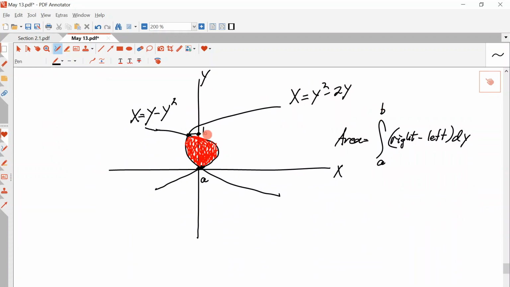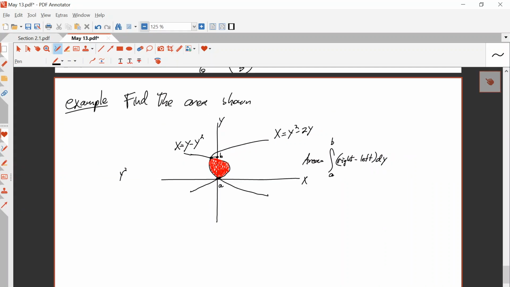All right, and we just need to know what this point is right here, and that's where the two curves become equal. So we got y squared minus 2y is equal to y minus y squared. So this gives me 2y squared minus y equals 0.